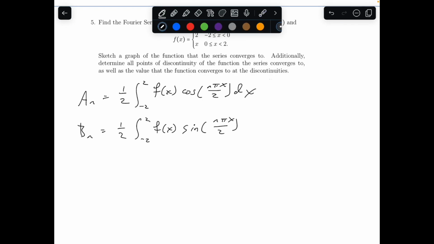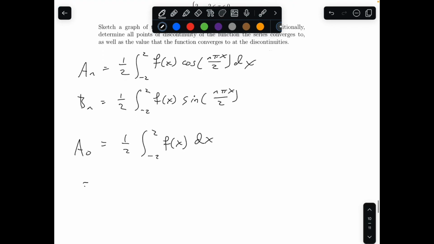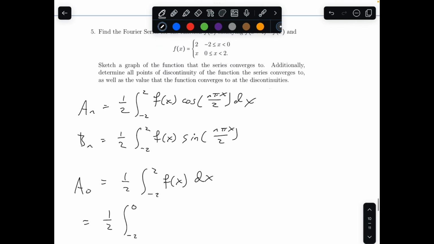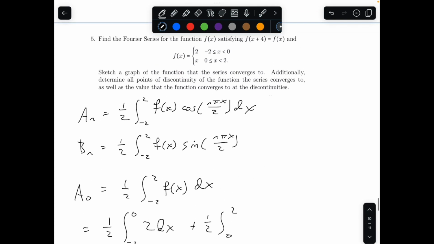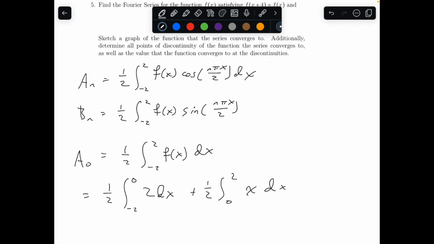All right, so in this case, your a0 is just going to be 1/2 integral from -2 to 2 of f of x times cosine of 0. And so this is 1/2 integral -2 to 0 of just 2 dx, and then plus 1/2 integral 0 to 2 of x dx.